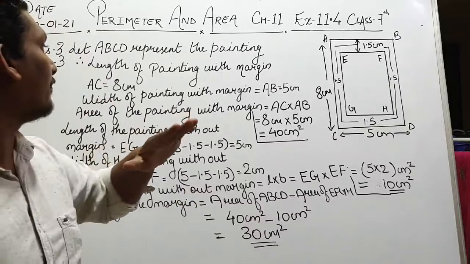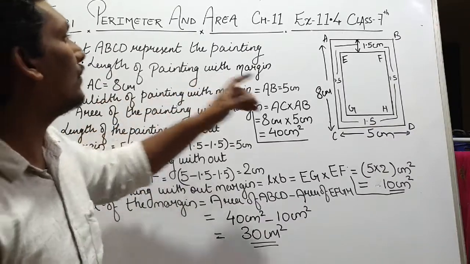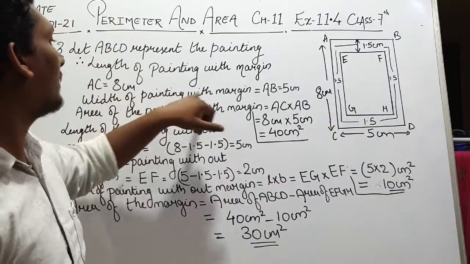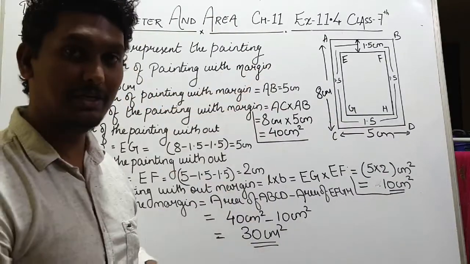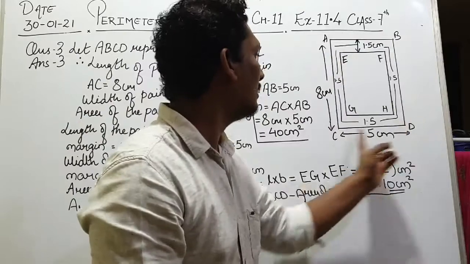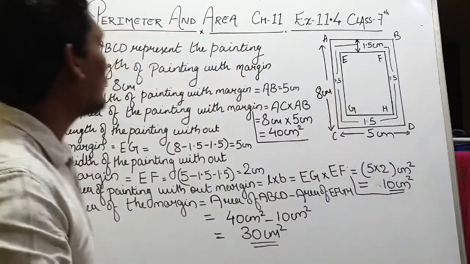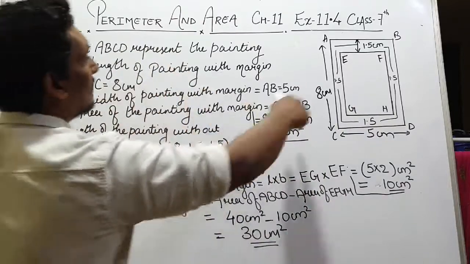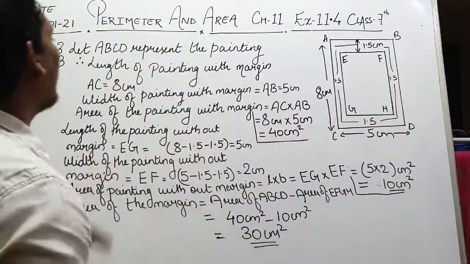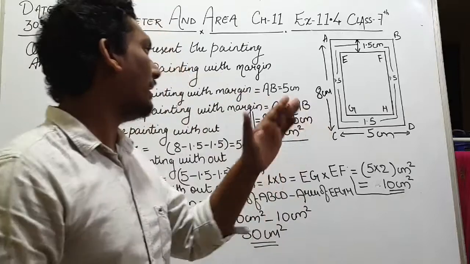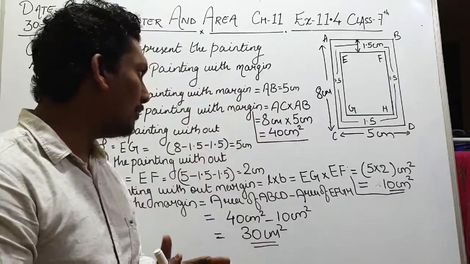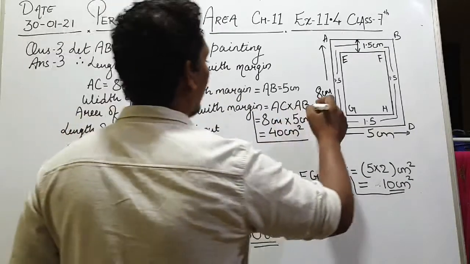So first we'll find the area of ABCD, the width of the painting with margin, ABCD includes margin. So AB is 5 and AC is 8, length of the painting and width of the painting. So area is AC into AB, that is length into breadth. Just write the formula here.